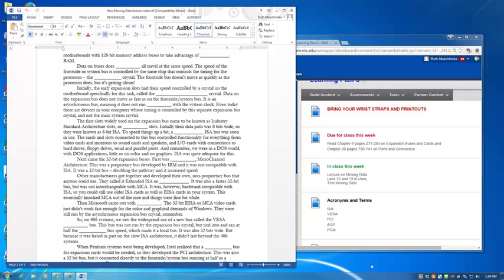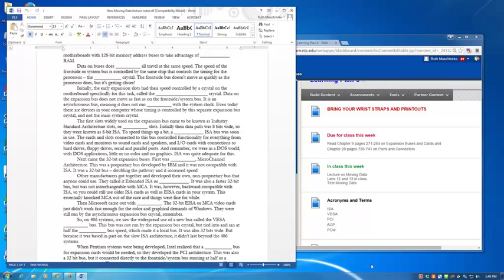Then Microsoft came out with Windows. The 32-bit EISA or MCA video cards just didn't work fast enough for the color and graphical demands of Windows. They were still run by the asynchronous expansion bus crystal. So, on 486 processor systems, we saw the widespread use of a new bus called the VESA Local Bus.